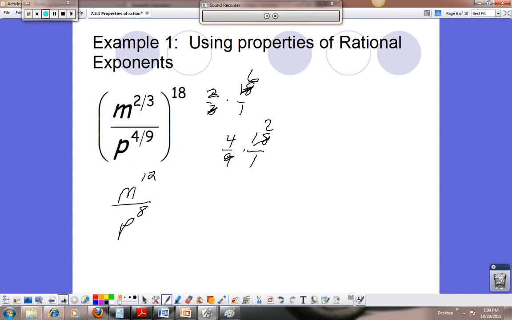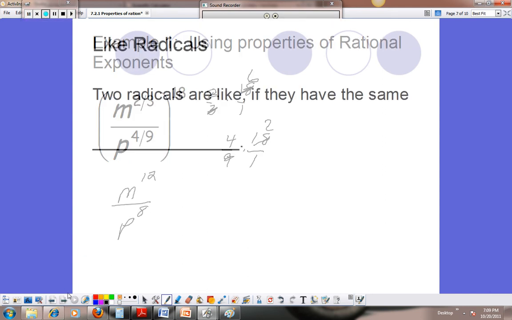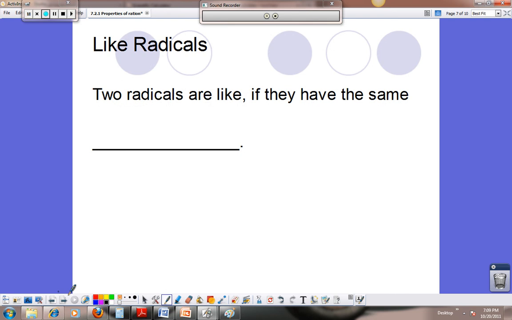Alright, nice job. Whenever we're working with radicals, two radicals are alike if they have the same index. And remember, the index is that little number that hangs out here. So these two problems would have the same index because they have that same little number outside there.